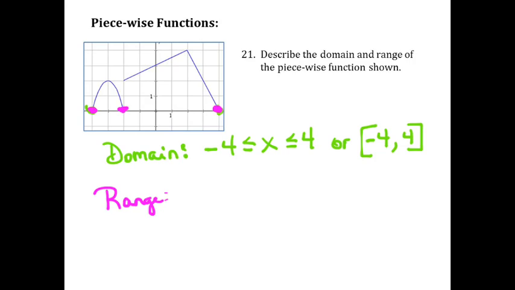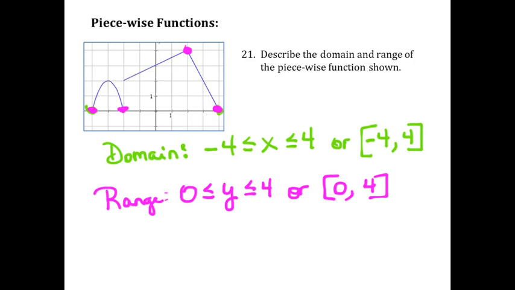The highest value, the maximum, is up here at this point, which would be at y equals 4. And every point in between 0 and 4 is defined on the graph somewhere. And so the range here is 0 less than or equal to y less than or equal to 4, or if you prefer interval notation, 0 to 4.